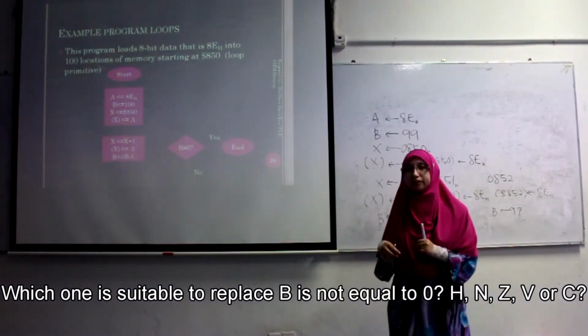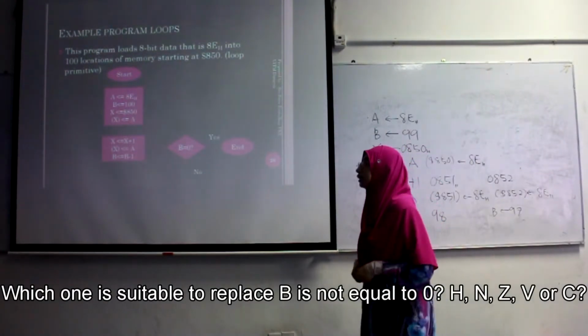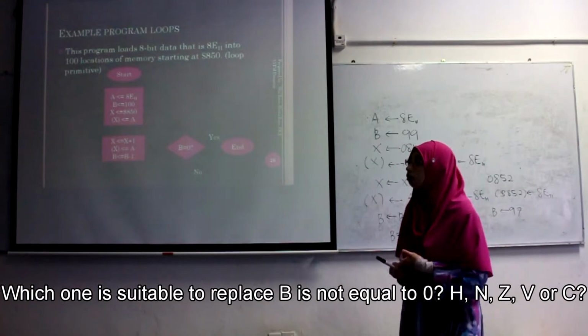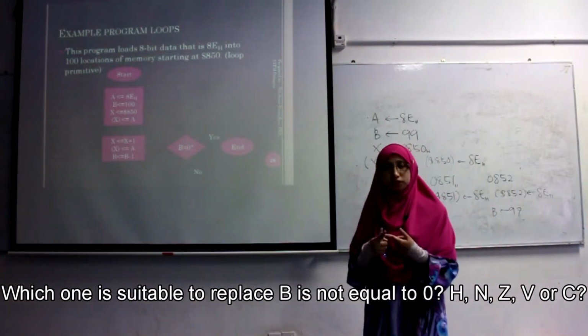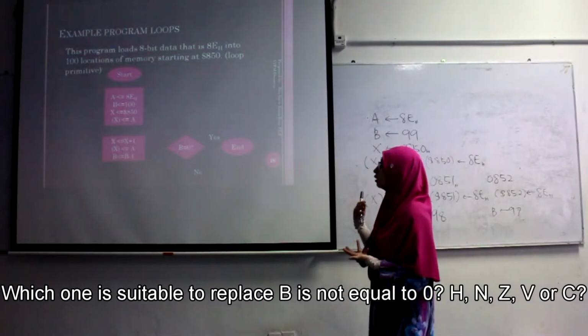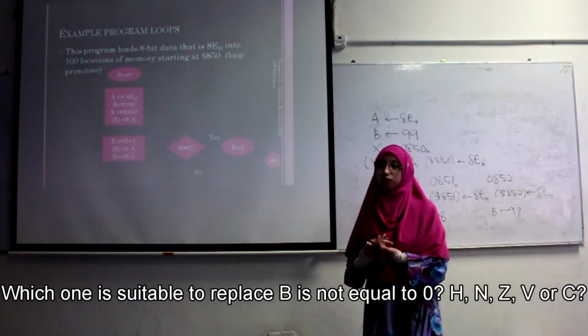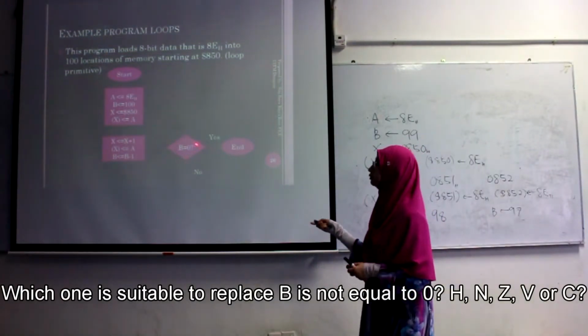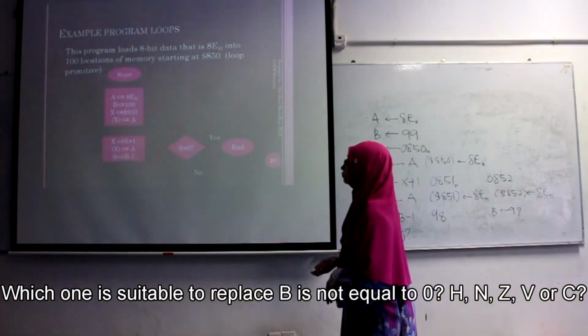We have to refer to the CCR. Either C is suitable, or H, or Z, or N, or V. Which one do you think must be used for the instruction?